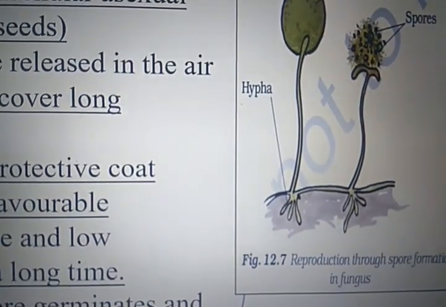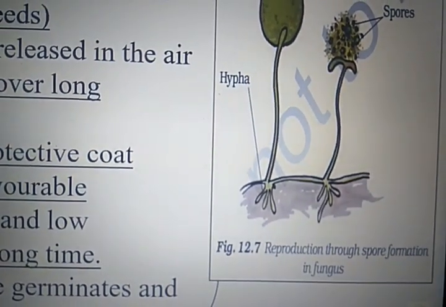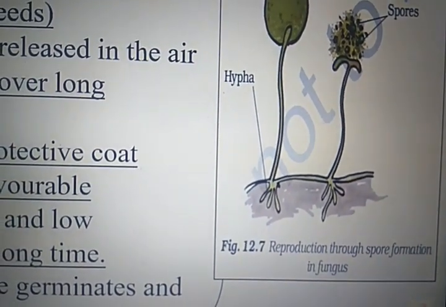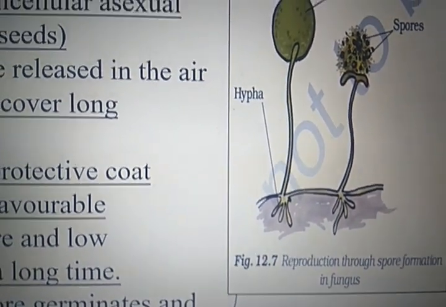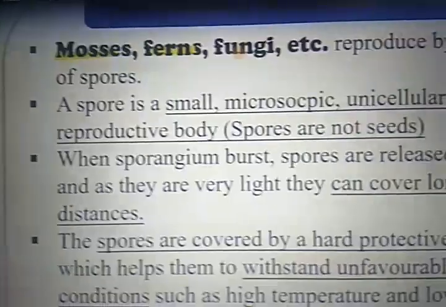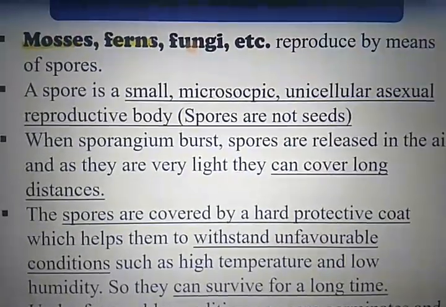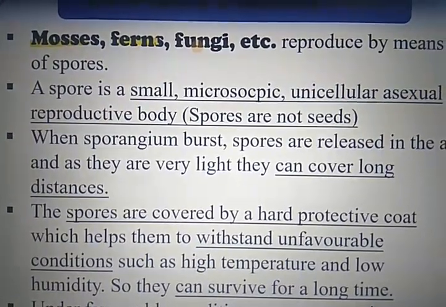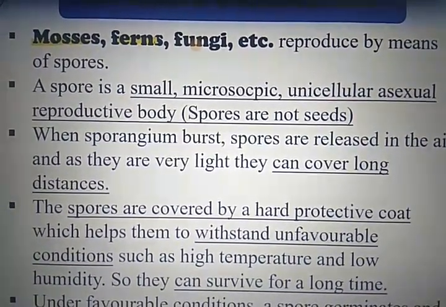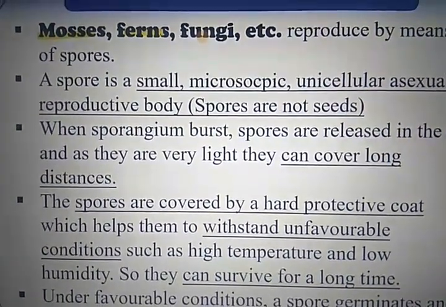Here you can see spores, right? Reproduction through spore formation in fungus. The best examples for spore formation are mosses, ferns, fungi, etc. They reproduce by means of spores.